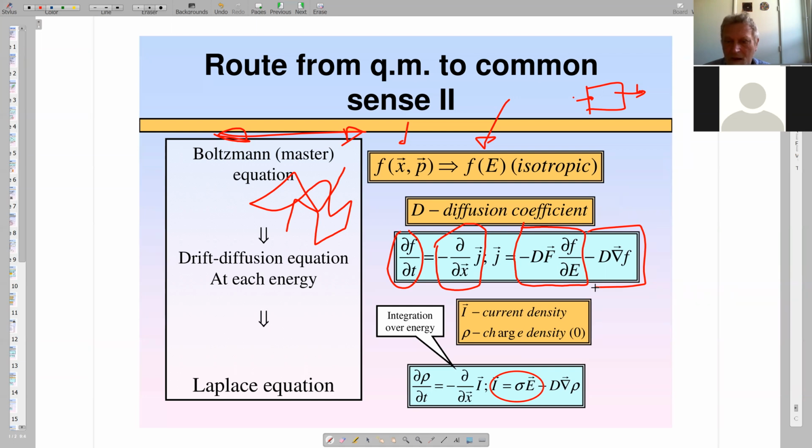Two terms. Funny enough, but it's a rather fundamental topic of statistical physics, that both terms are proportional to the same diffusion coefficient.